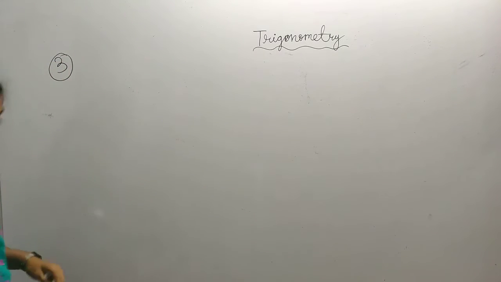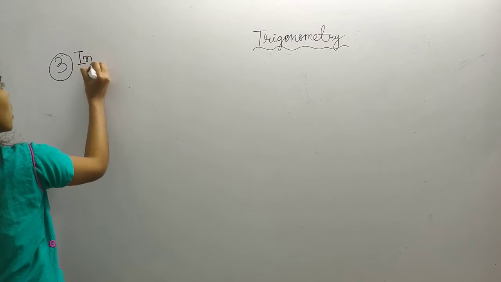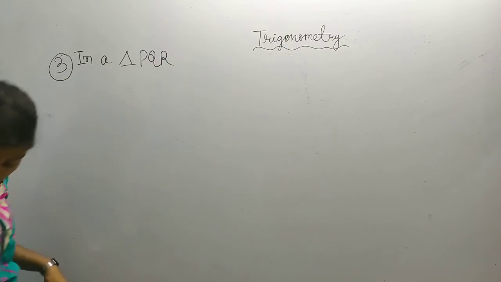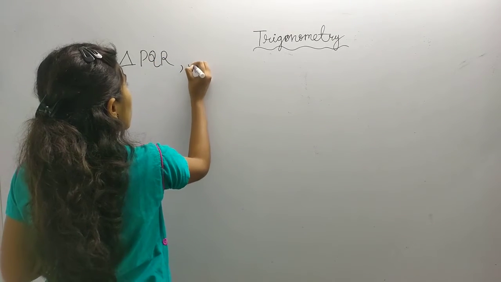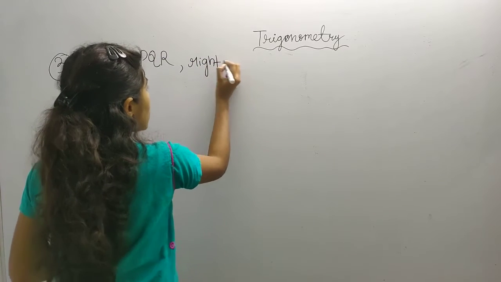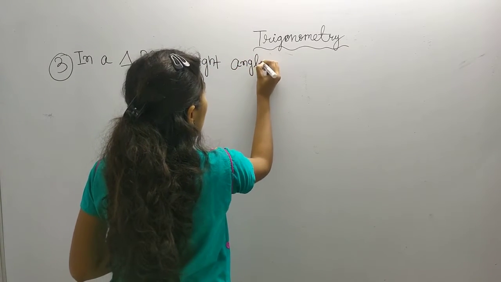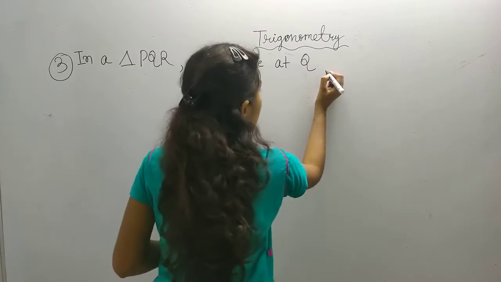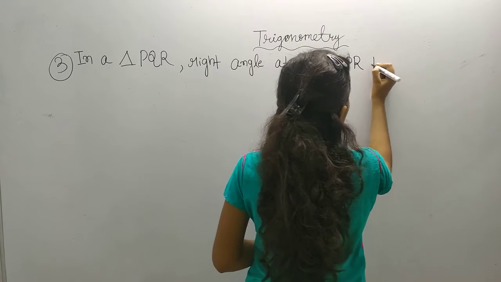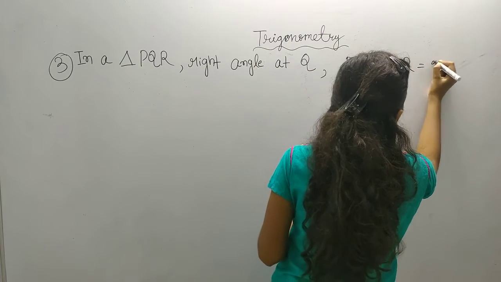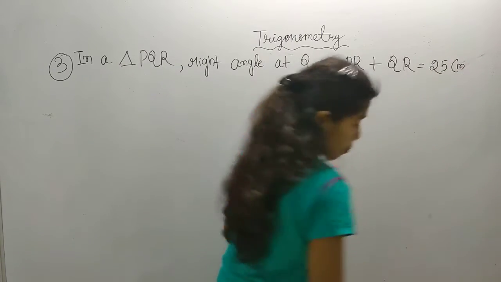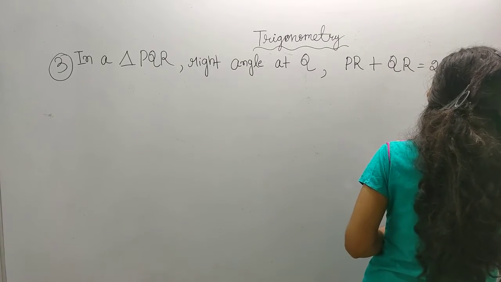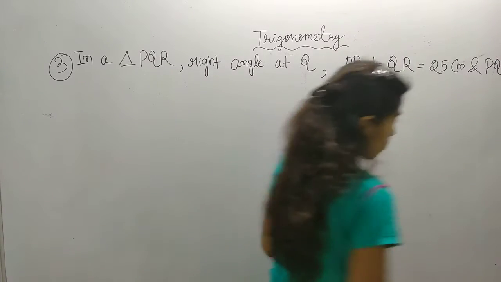It's given in a triangle PQR, right angle at Q. Then it's given PR plus QR equals 25 cm and PQ equals 5 cm.